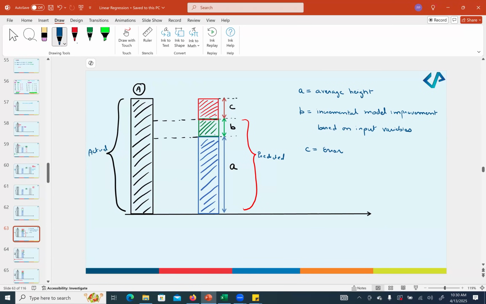All males are not of the same height. All females are not of the same height, because there are many variables which decide the height of someone: diet, parents' height, your ethnicity, and many more.